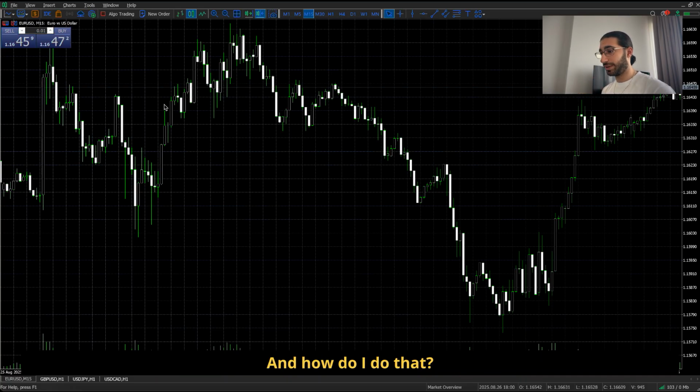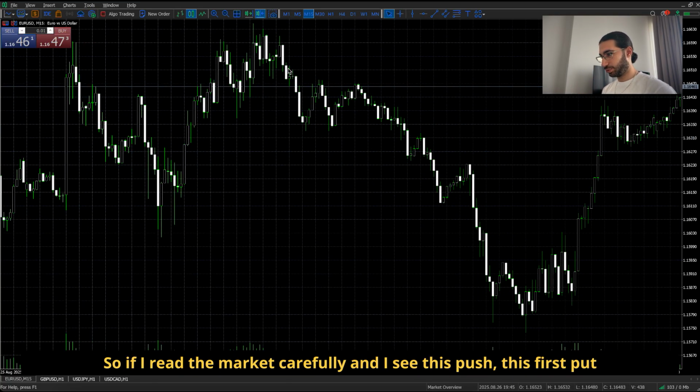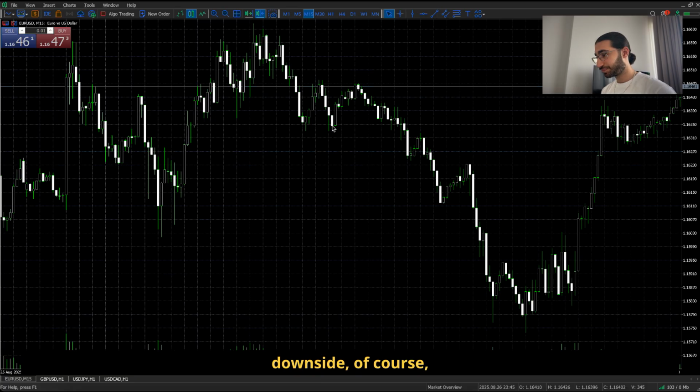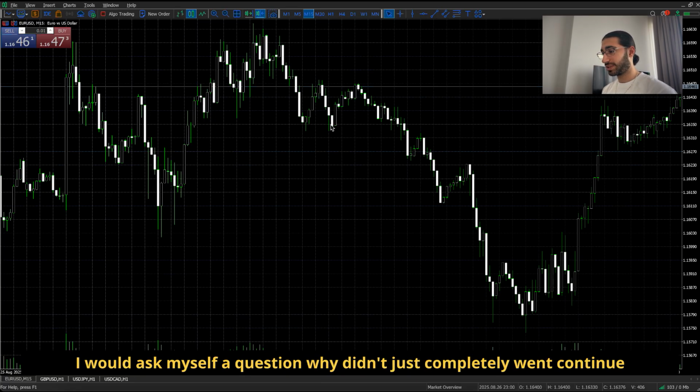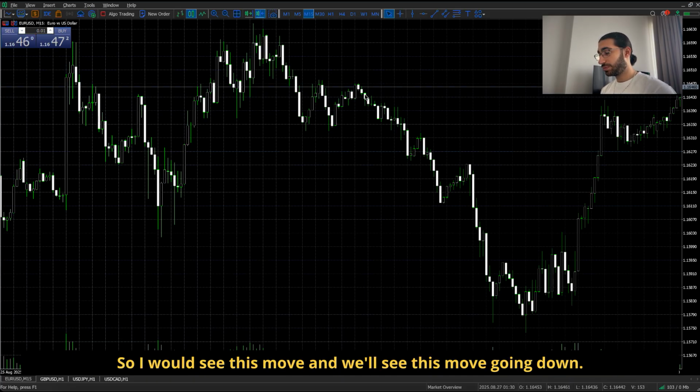And how do I do that? If I read the market carefully and I see this first push to the downside, this choppy move to the upside, and this aggressive move back to the downside, of course, I would ask myself a question: why didn't it just completely continue going down?